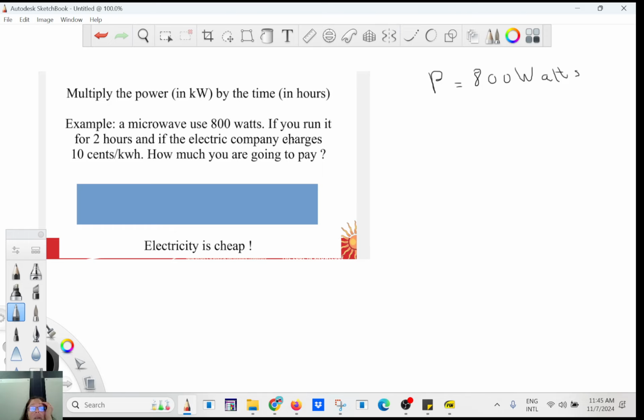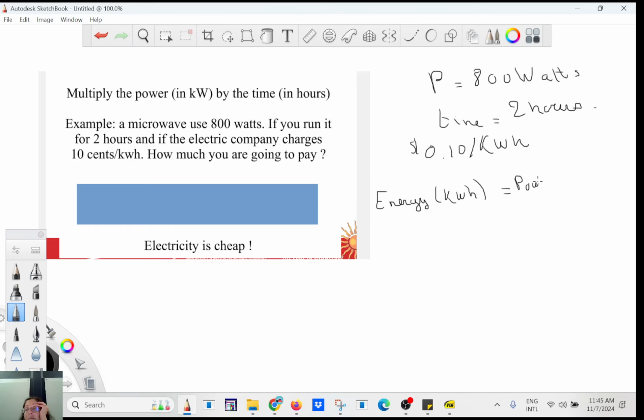So 800 watts, and the time is 2 hours, and the price is 10 cents per kilowatt hour. Can you compute? That's easy, okay? It's relaxing, it's not hard. So kilowatt hour will be power in kilowatt times the time in hours.